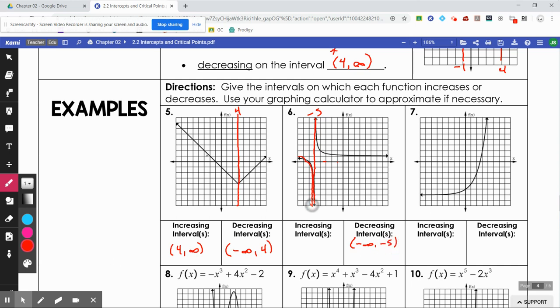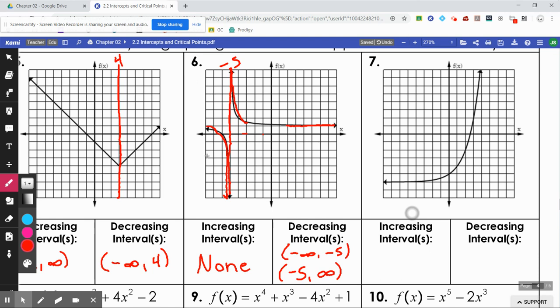Then it jumps from down here to way up here. But here's the thing, it actually starts decreasing again. So the way we're going to write that, it decreases from negative infinity to negative 5, and even though it jumps, it starts decreasing again at negative 5, and it decreases forever. It's slowly tapering off and getting closer and closer to a y value of 1, but it still continues to decrease. So therefore, that had no increasing intervals.